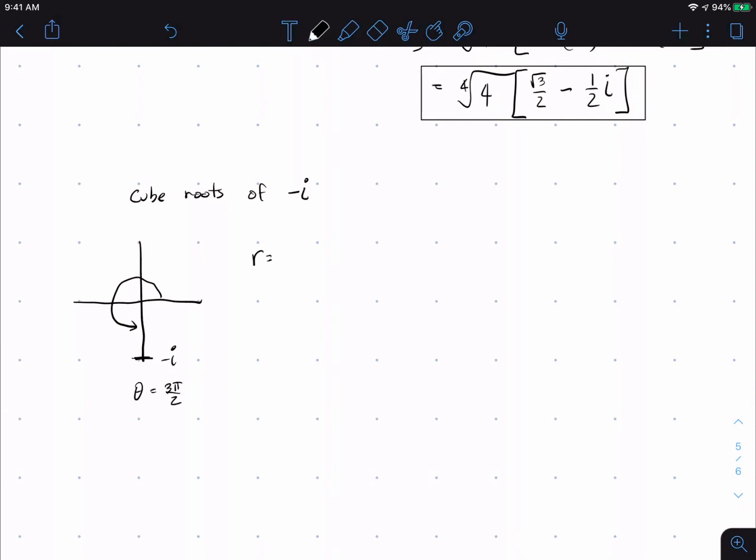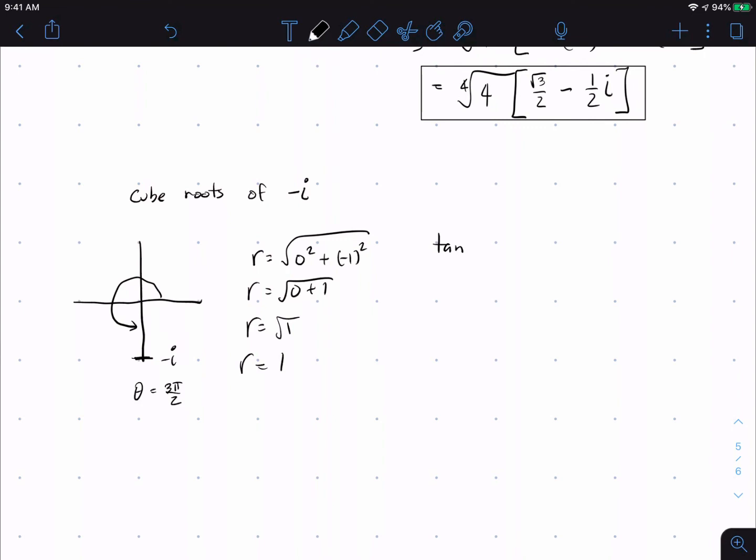So r would have been 0 squared plus negative 1 squared rooted. So r would be 0 plus 1 rooted, the square root of 1. So r is 1. Our tan becomes problematic because if we were to do it that way, we would see that x is 0, and we can't have that.